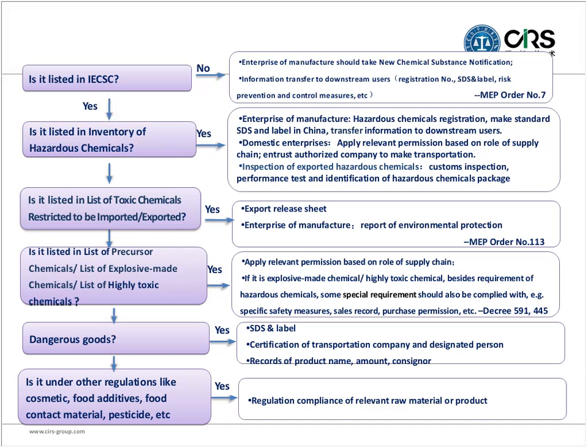And last but not least, if your chemical is not listed in all these inventories we just mentioned, you need to check whether it's also under some other regulations like cosmetics, food additives, food contact material, pesticides, and some other regulations. If so, you have to consider complying with these specific regulations.